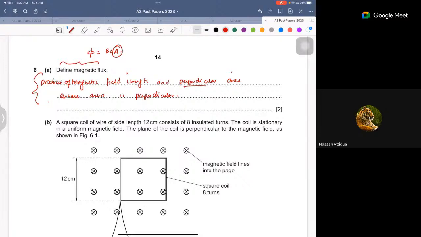Density means number of lines that are there in a particular area that you're looking at, but that has to be perpendicular to it, and obviously this would be the model definition. For magnetic flux linkage, they generally do not ask that. I have never seen them ask anything about linkage unless they want to use that in a particular situation. It's not a direct definition, really.